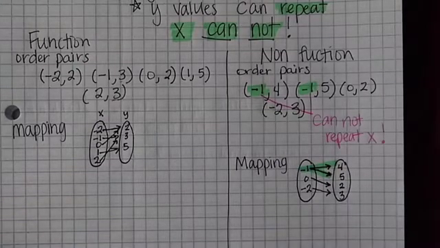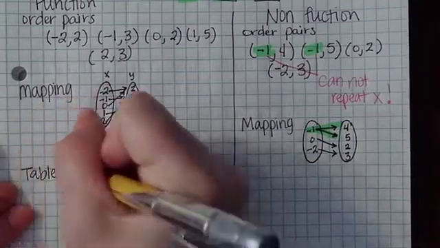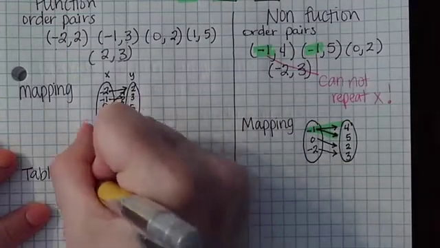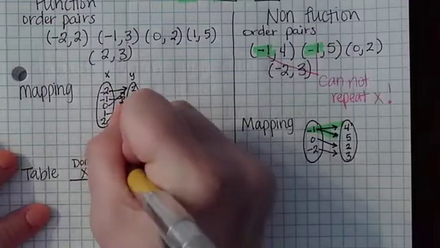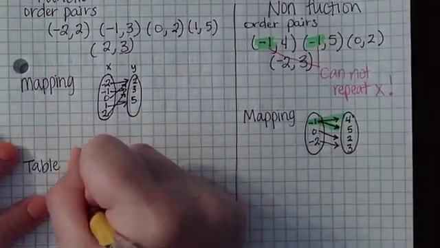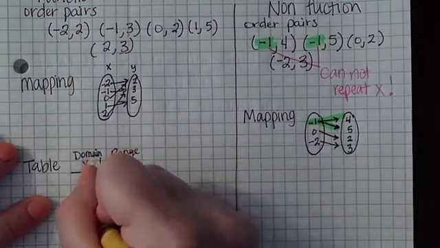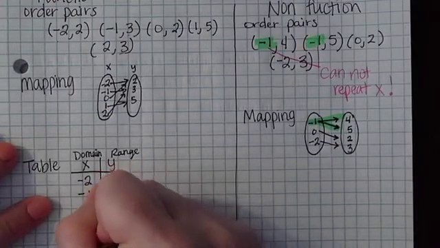Okay, let's look at the table. X, Y, you could also call it domain, range. So -2, -1, -2, 2, -1, 3, 0, 2, 1, 5, 2, 3.